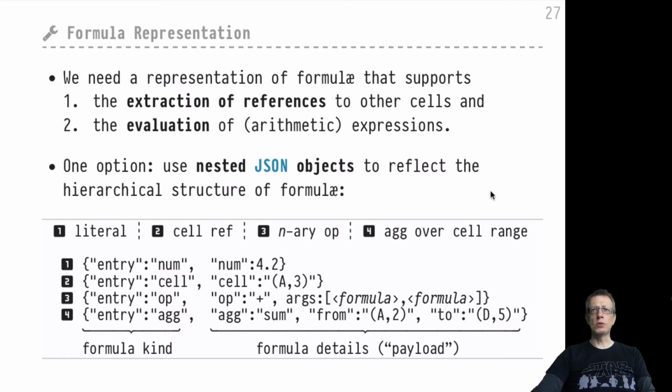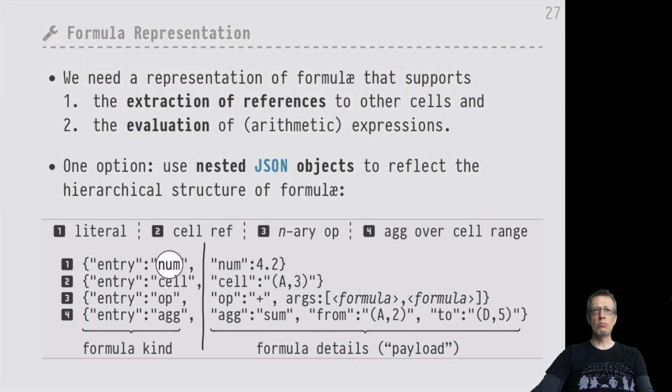Okay, so here's a sample of different formulas and how they could be represented using JSON objects. I think this should be rather self-explanatory. All of these JSON objects follow a common theme. They are represented in two parts. The part to the left of this line that I've just drawn would indicate which type of expression is represented by the JSON object. We can represent literal numbers.